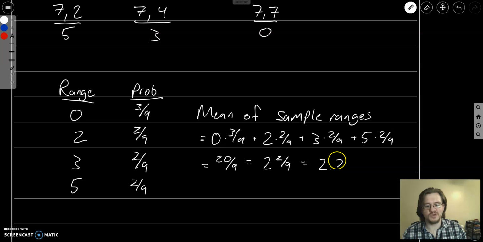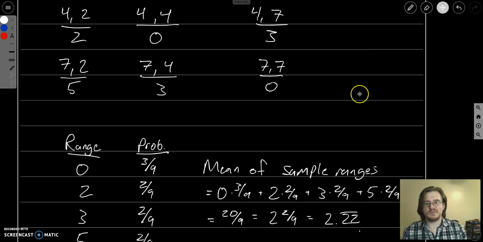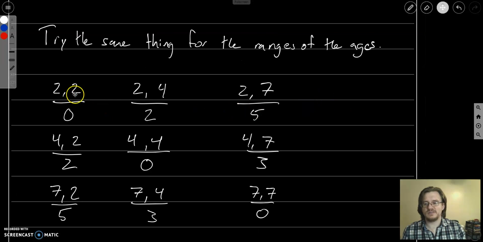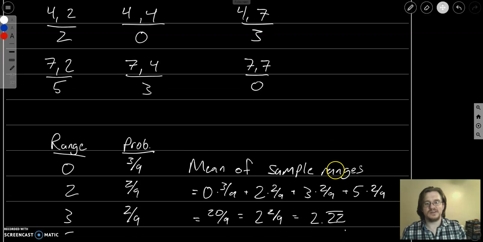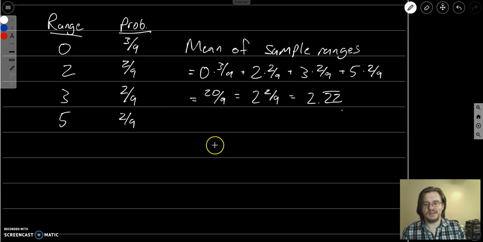So 2.2 repeating. And right away we can see that's a pretty small range. If we think about the range between the actual values, so again, the actual values were 2, 4, and 7, the range, the difference between the biggest and smallest one, is going to be 5.